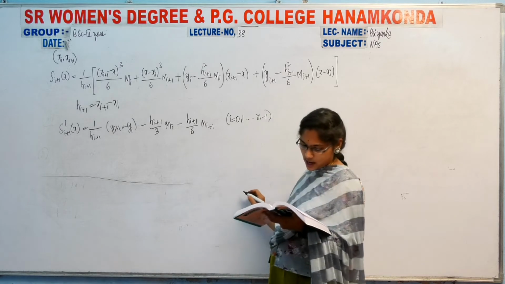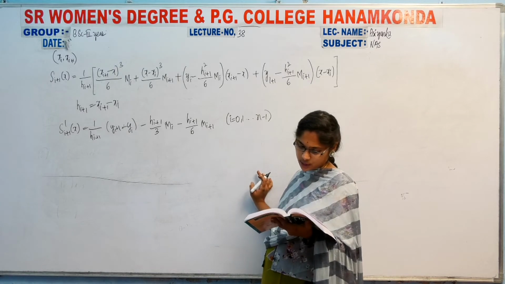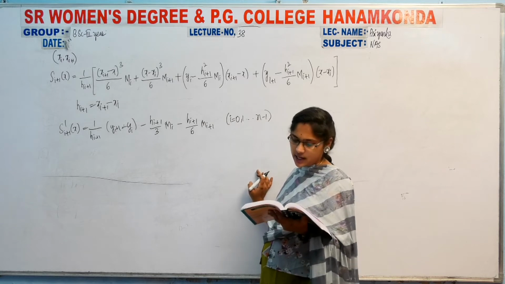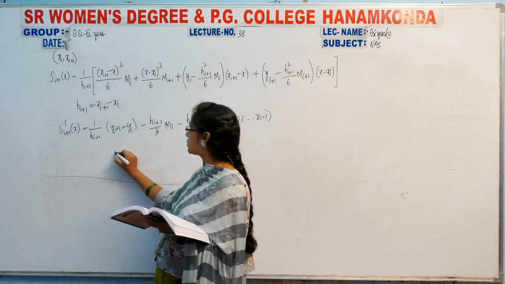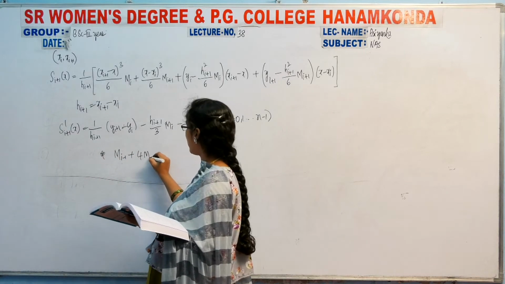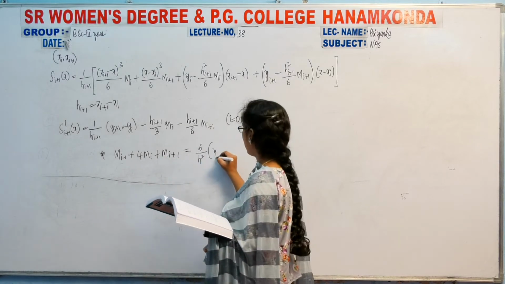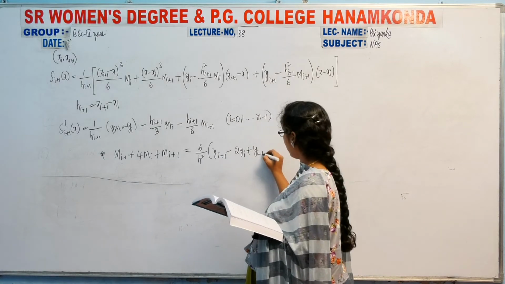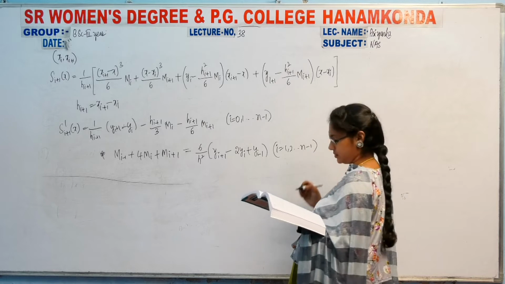Okay, and write down. Finally the recurrence relations are mi minus 1, this is also an important one, plus 4mi plus mi plus 1 equal to 6 by h square of yi plus 1 minus 2yi plus yi minus 1, where i is equal to 1, 2 and so on up to n minus 1.